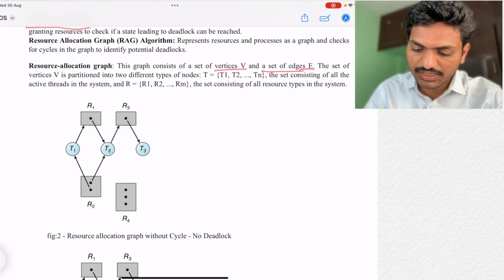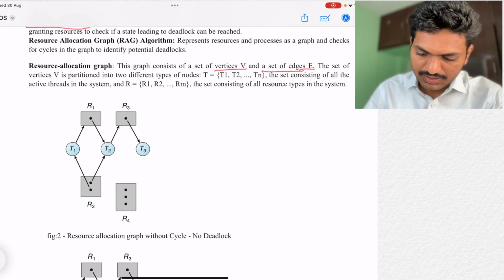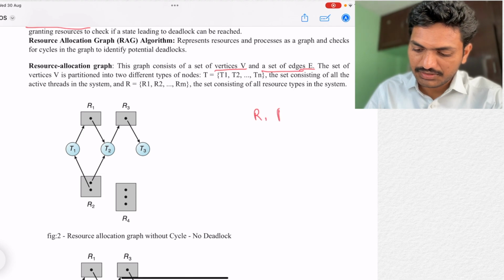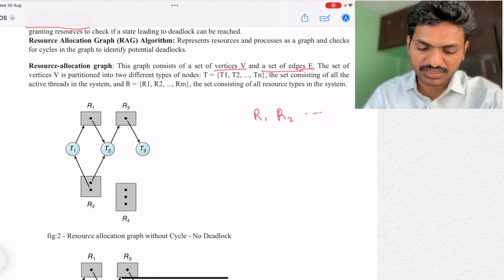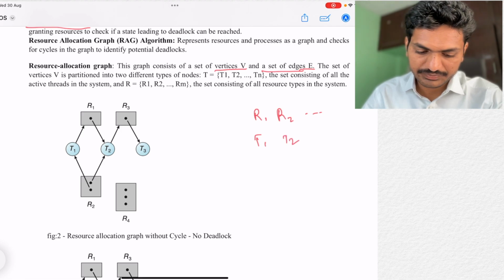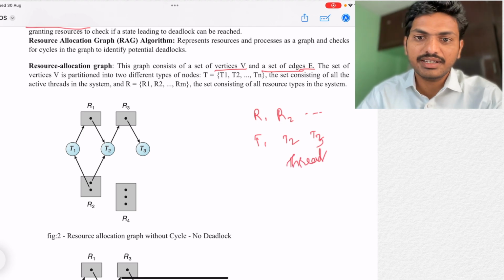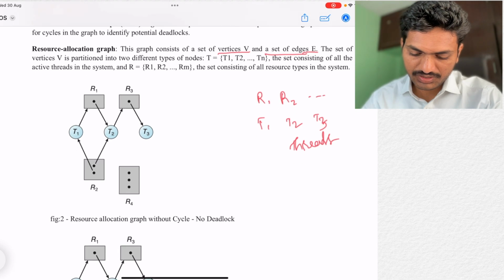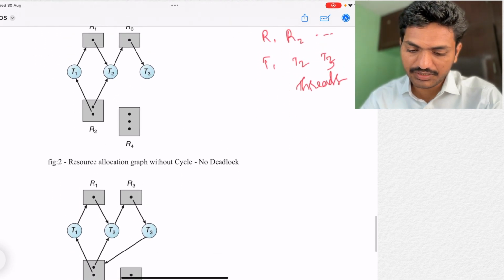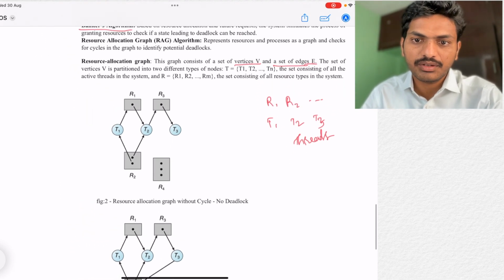Here R1, R2, and so on are the resources. And T1, T2, we are calling as threads, right? Resource allocation graph. See here, we create this graph.